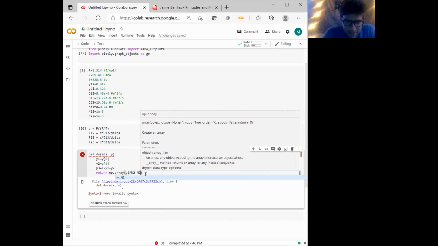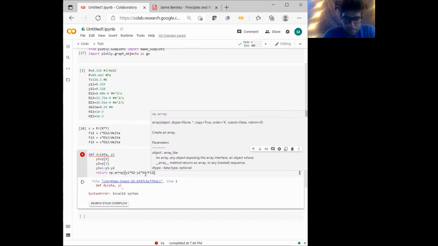Which means the mole fraction of acetone multiplied by the molar flux of methanol, subtracted by the mole fraction of methanol multiplied by the molar flux of acetone. And this is all going to be divided by F12.